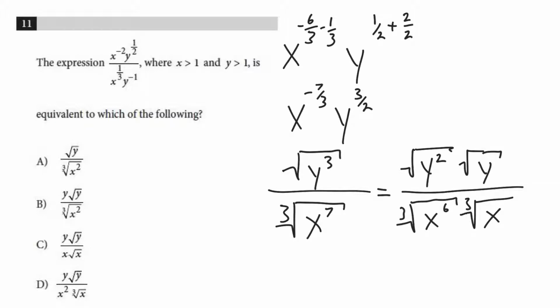Okay, well, the square root of y squared is just y, and then we have times the square root of y. Okay, so that simplifies our numerator.